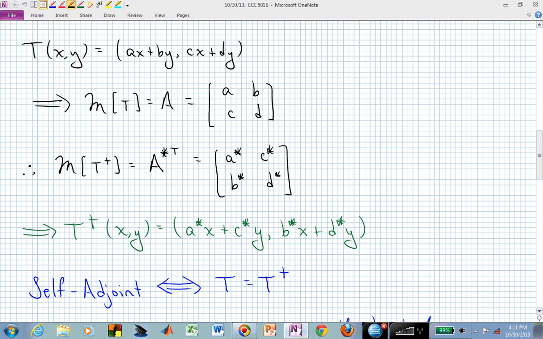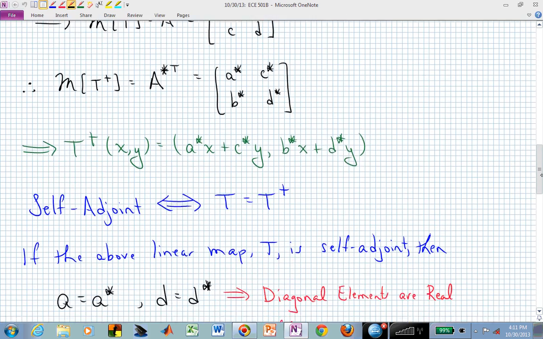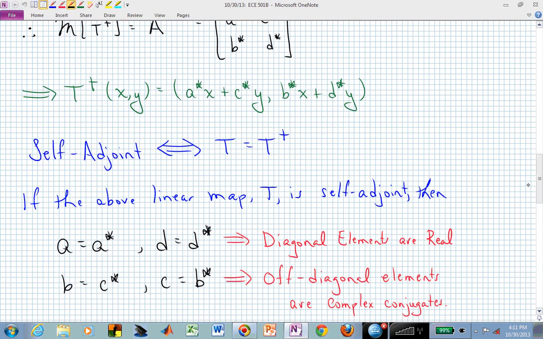Self-adjoint means that T is equal to T dagger. If we wanted T, the original linear map, to be a self-adjoint operator, then we would need to equate the entries in the two 2 by 2 matrices, which says that the diagonal terms have to be equal.